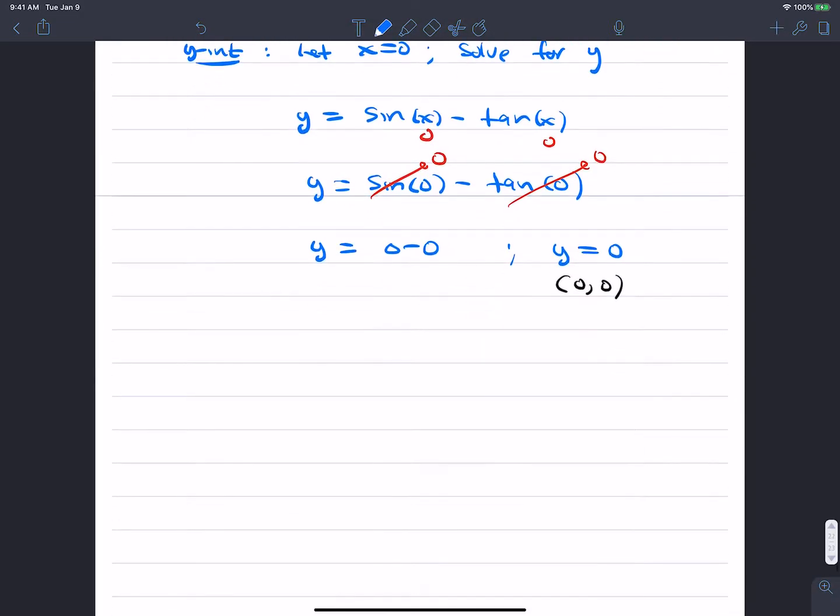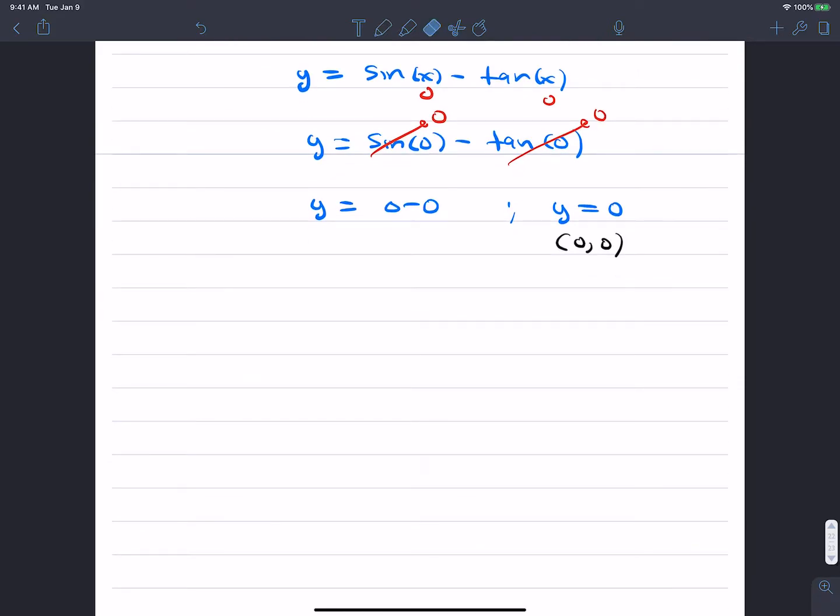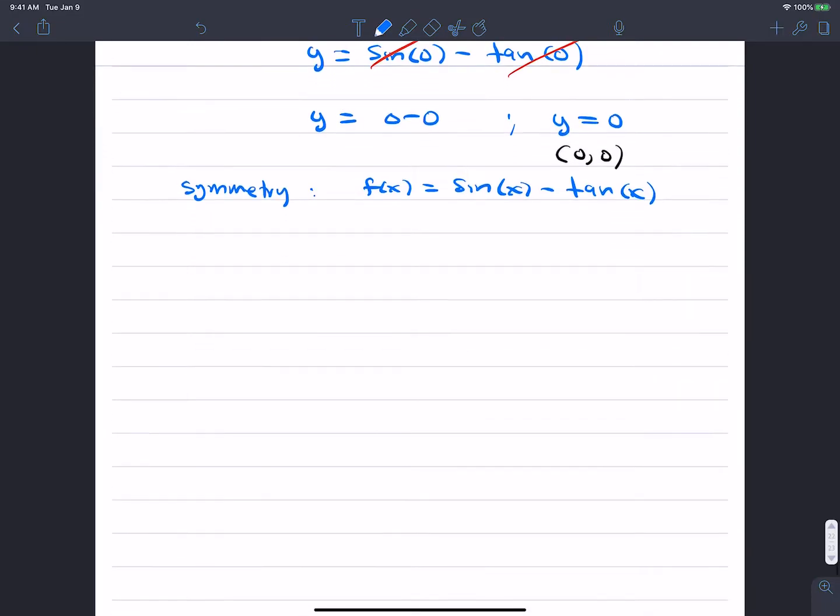Now the next part is going to be the symmetry part. So this is going to be very interesting for us. Since our function is sine minus tangent here, for symmetry, let's use the definition again.